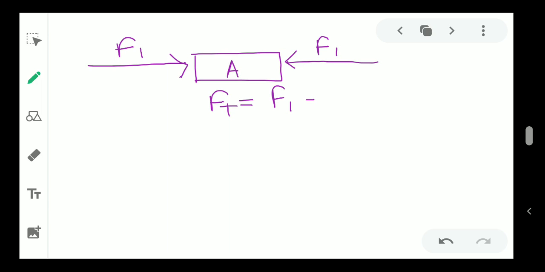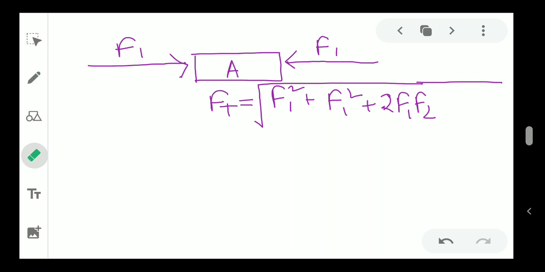In terms of magnitude, I can write F1 square plus F1 square plus 2 F1 F1 cos 180 degrees, because the angle between the two F1 forces is 180 degrees.